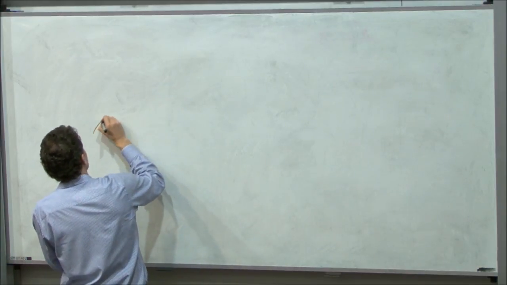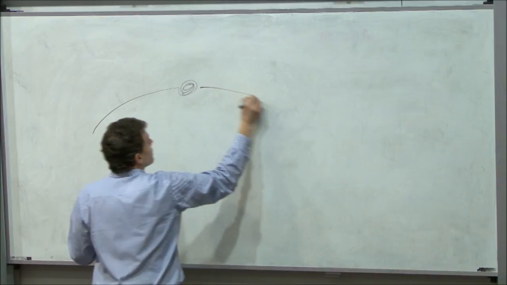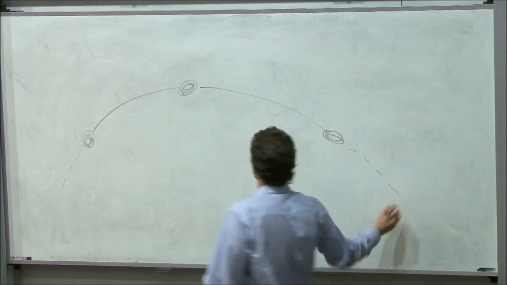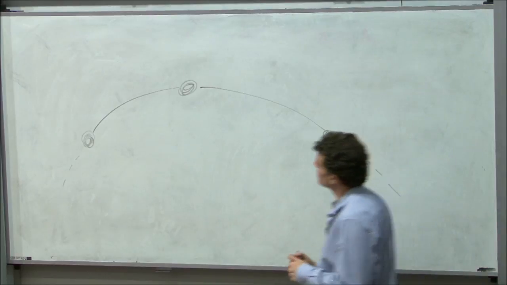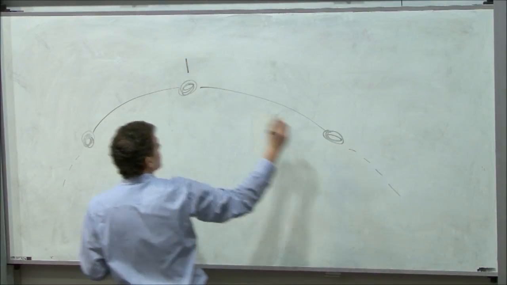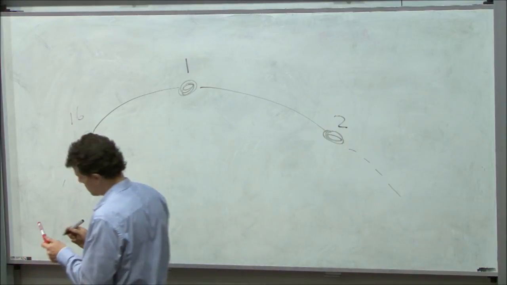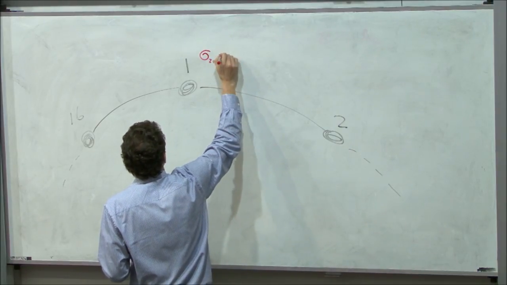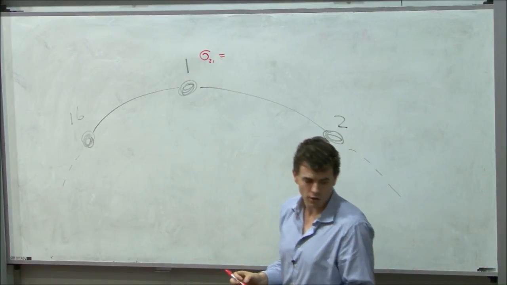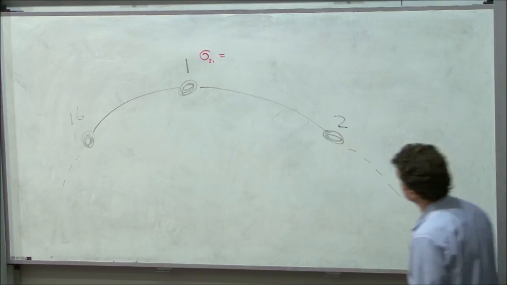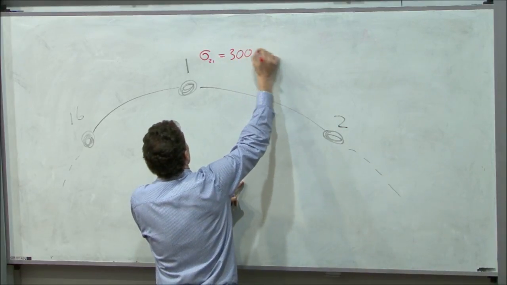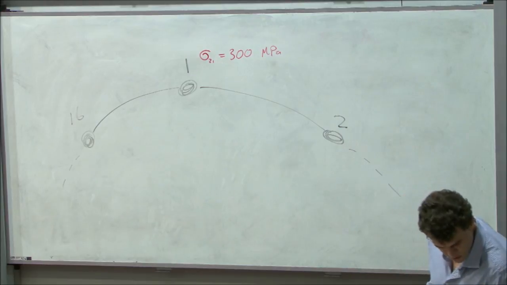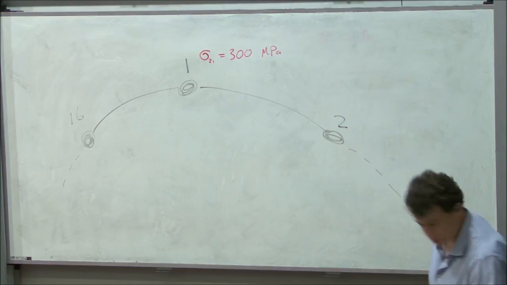So I'm just going to draw a section of it here. Okay, so right from early in the class, we worked out that sigma Z1 was, say, approximately 300 megapascals, and for the number 16 and 2, it was about 280.